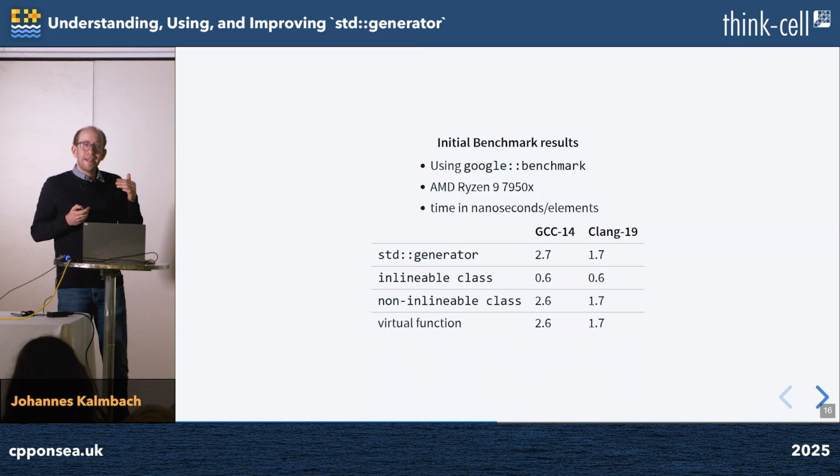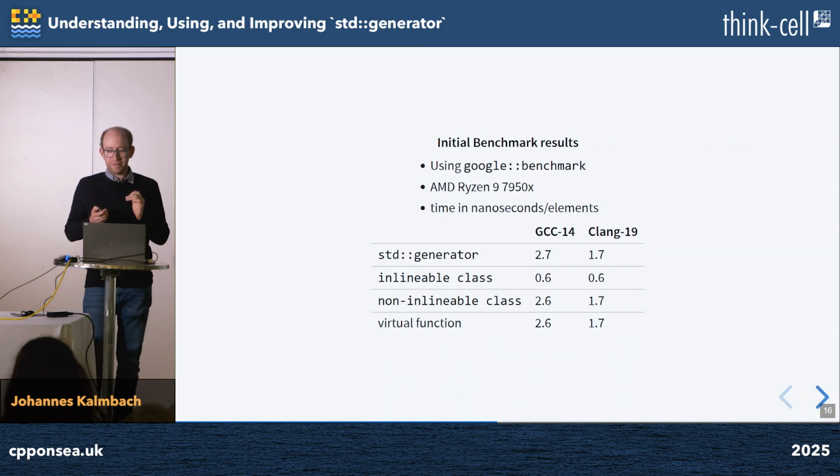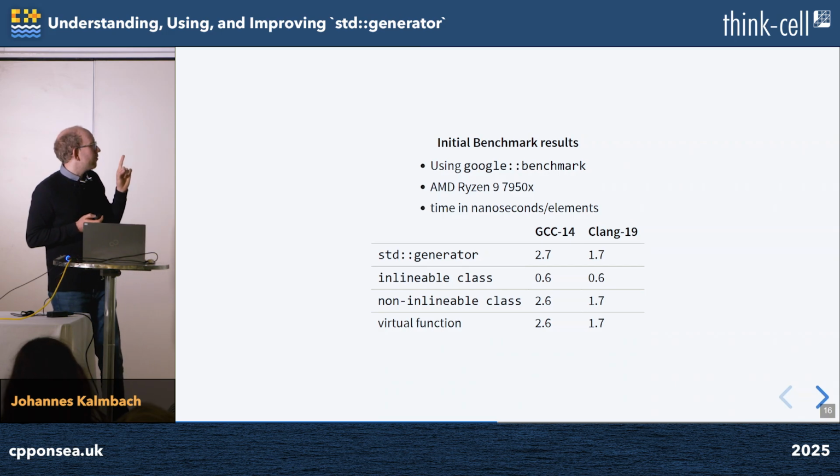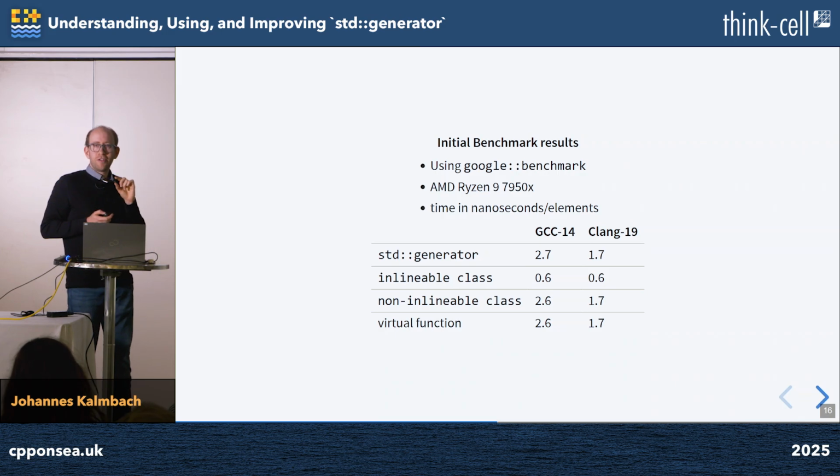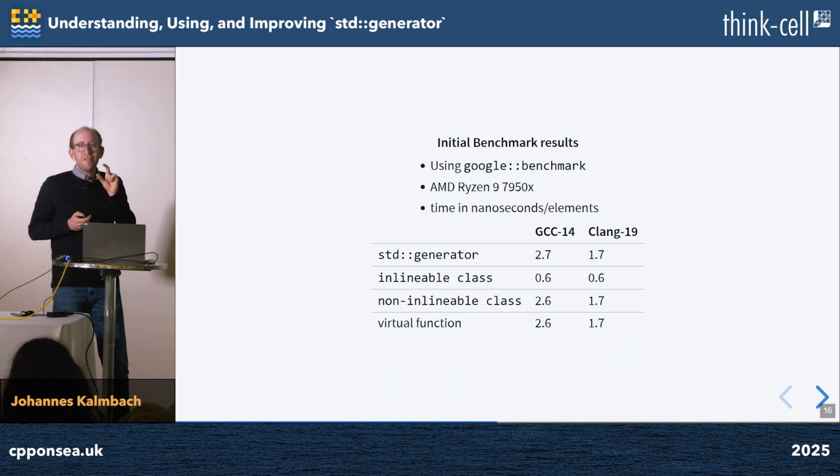And then the inlineable version is significantly faster. One thing I need to point out is that the compiler was able to see the generator. I defined the generator in the header, but it did not optimize it. So the generator, although the compiler completely did see it, behaved like those indirect mechanisms.